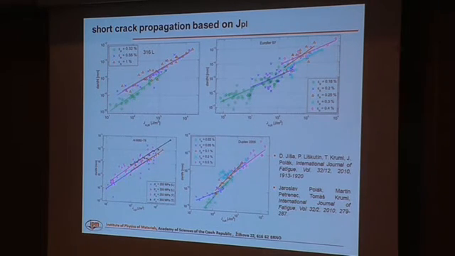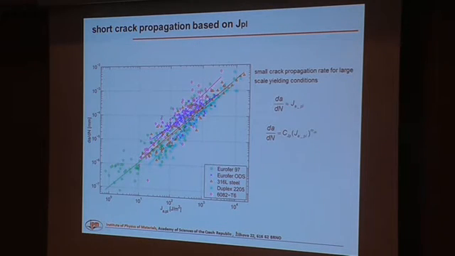And also here is some scatter in duplex steel, which is also quite a difficult material because there is a relatively big microstructure. But more or less all the data fit together.